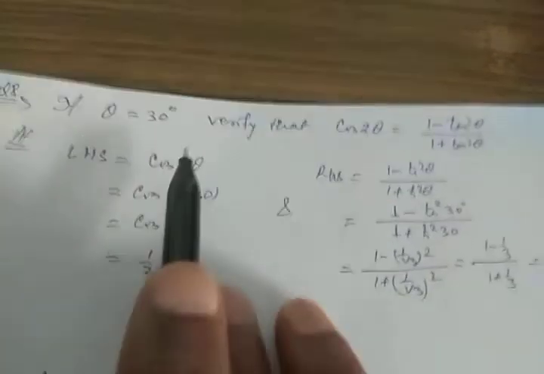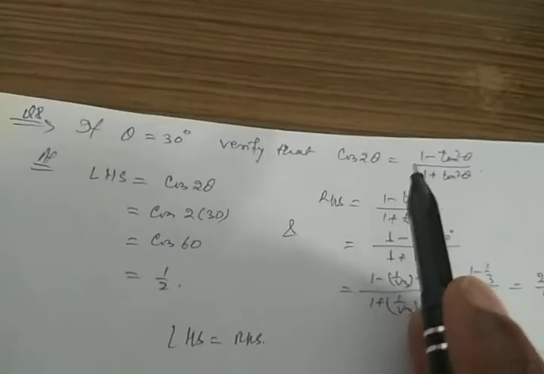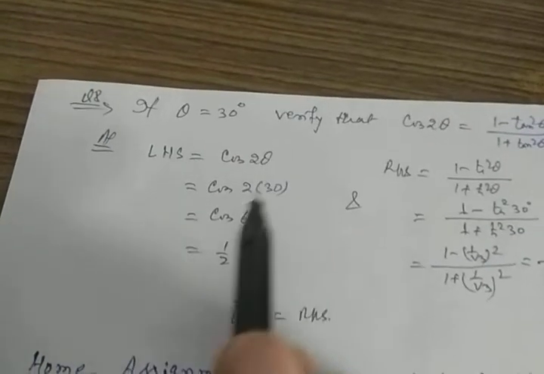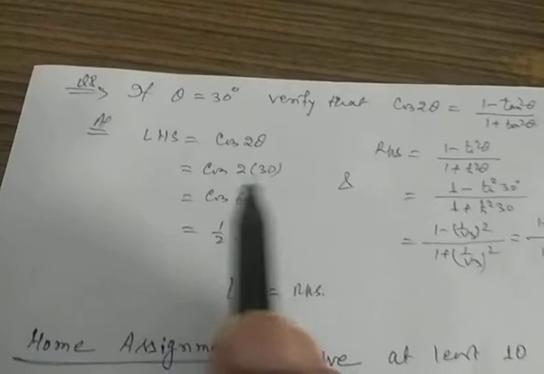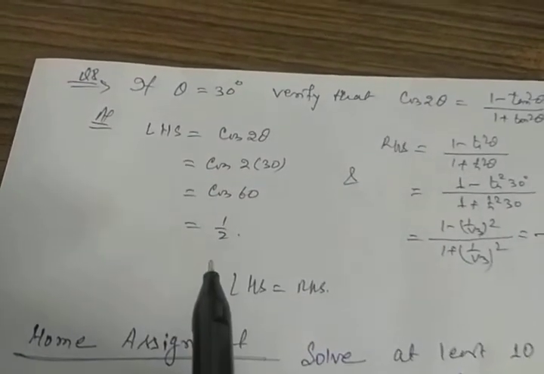Just see one more problem. It says that if theta is 30 degrees, verify that cos 2 theta is equal to 1 minus tan square theta by 1 plus tan square theta. Now LHS, cos 2 theta is equal to cos 2 into 30, as theta is 30 degrees. So cos 2 into 30 is cos 60. Cos 60 is how much? Half.